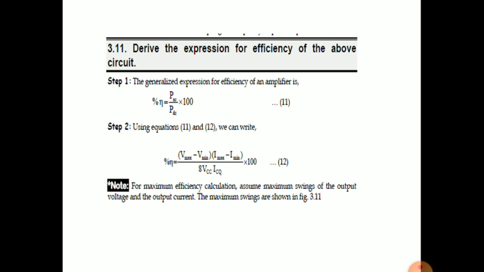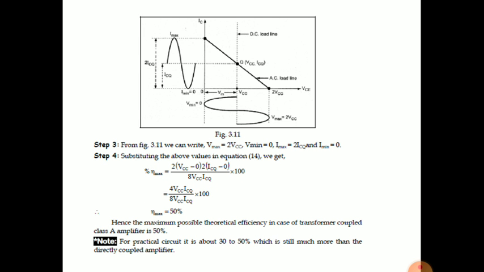We have seen the advantages and disadvantages, and we have derived the expression for the eta in case of transformer load. We get eta max equal to 50%, which is a considerable increase from the class A directly coupled amplifier, but still a very low value because 50% is wasted.